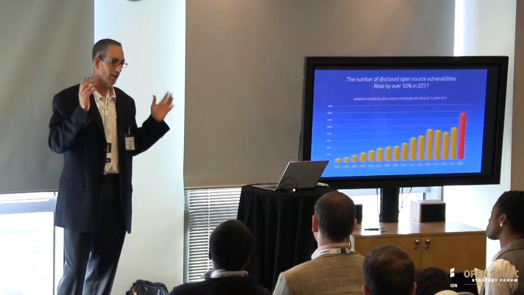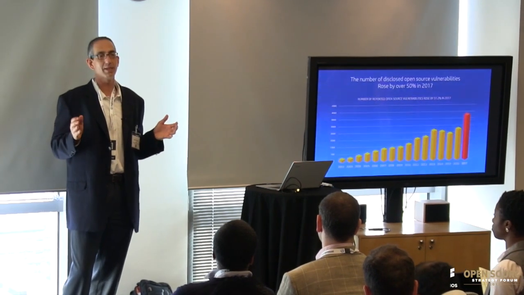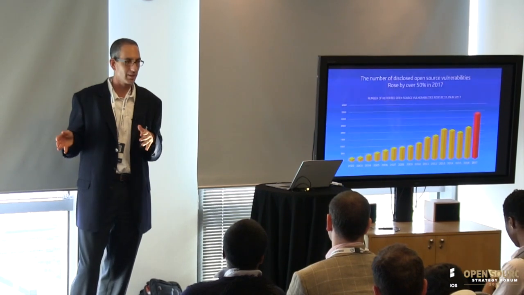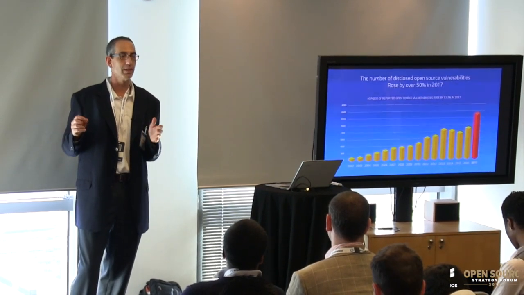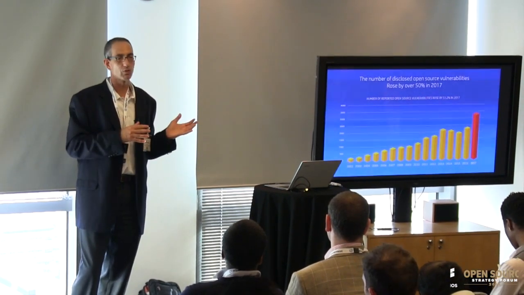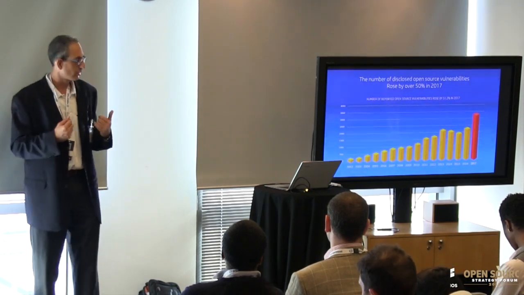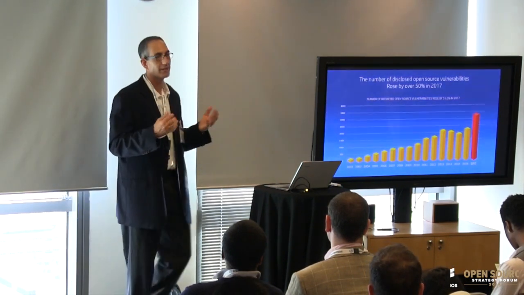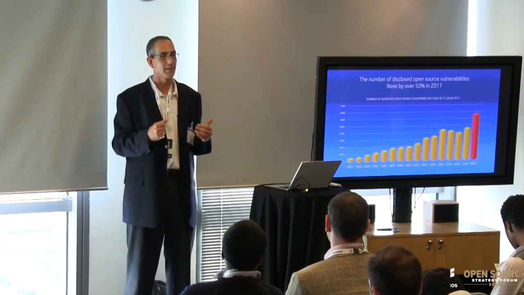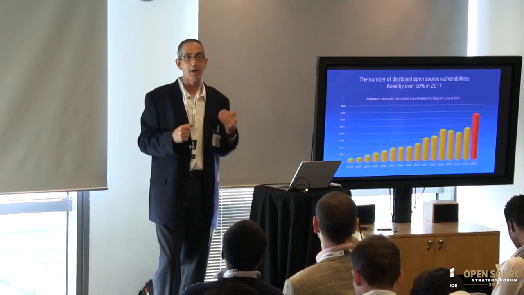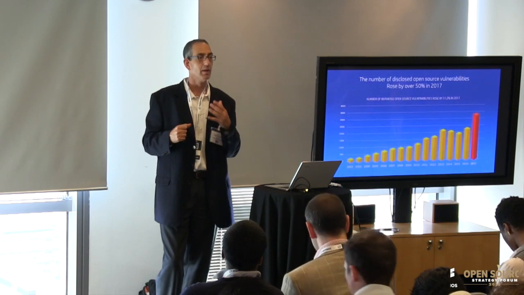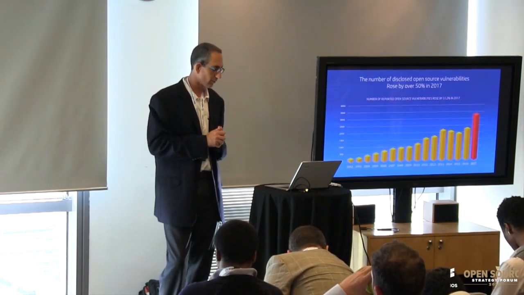Meaning that if you have a 100,000 lines of code application, at least 80,000 lines of code will be provided by open source components you import to your app. And that means it requires the right attention and the right understanding on how to handle security vulnerabilities in these lines of code, in these components.